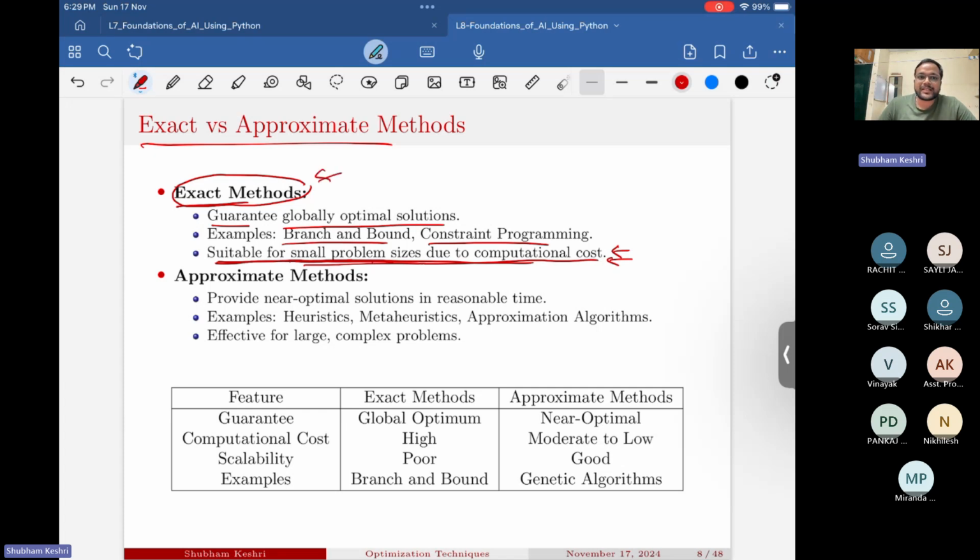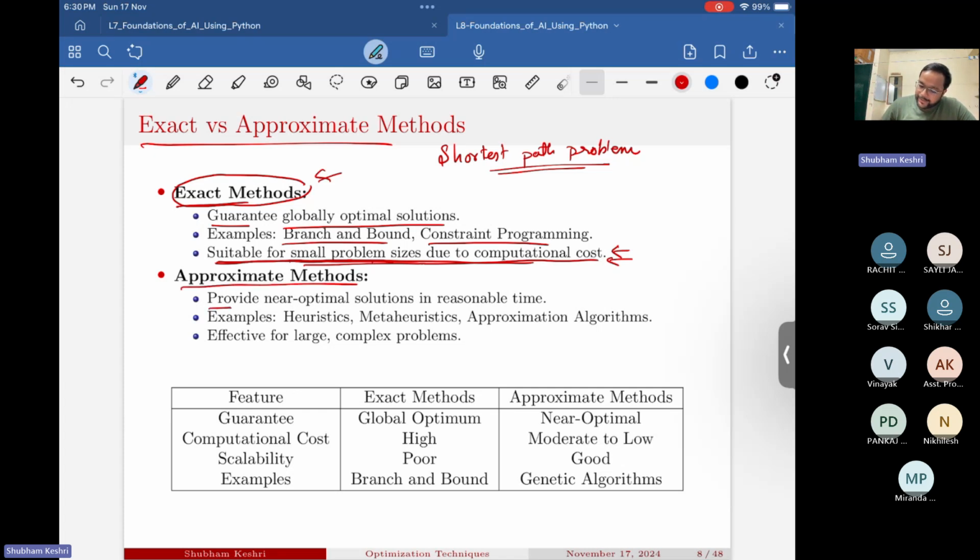Okay, so for example, the shortest path problem. It has an algorithm which gives you an optimal solution in polynomial time. So that is one caveat which I have not written here. Some classes of problems can be solved to optimality within polynomial time. Okay, so that is one thing you have to remember.